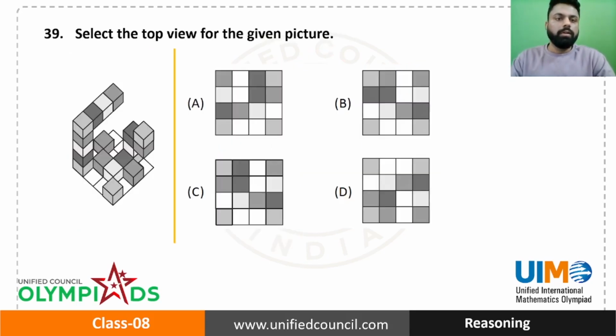Next one. Select the top view of it. So for the top view, 1, 2, 3, 4. There will be 4 parts at the top. It has to be gray, then dark gray, then light gray, and then one more shade of gray. White is not there.